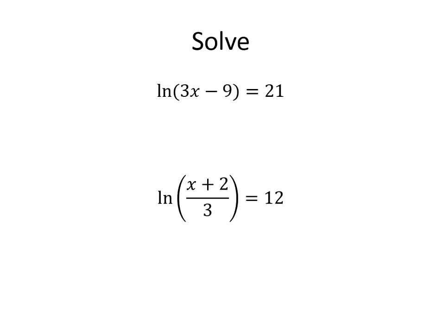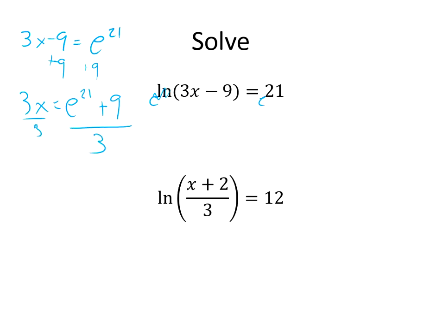Solving these, for the first one we take both sides to e, which makes this disappear, leaving us with 3x minus 9 is equal to e to the 21st. Now we just solve it like a normal algebra problem. We add 9 to both sides, giving us 3x is equal to e to the 21st plus 9, then divide the whole thing by 3, giving us x is equal to e to the 21st plus 9 all over 3.